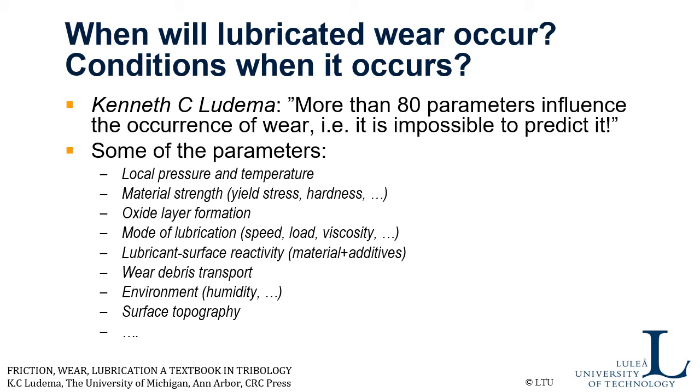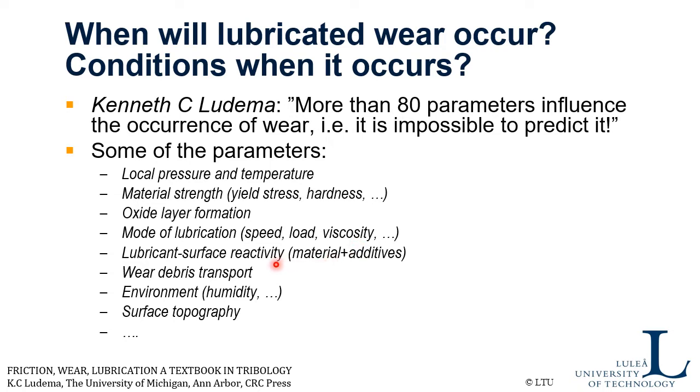Some of the important parameters are the local contact pressure, the asperity pressures, the temperatures occurring there, the strength of the material like hardness, the formation of protecting layers, and the speed, load and viscosity. This is the regime where, if you can estimate the film thickness, then you can estimate if you are in the boundary lubrication regime at all.